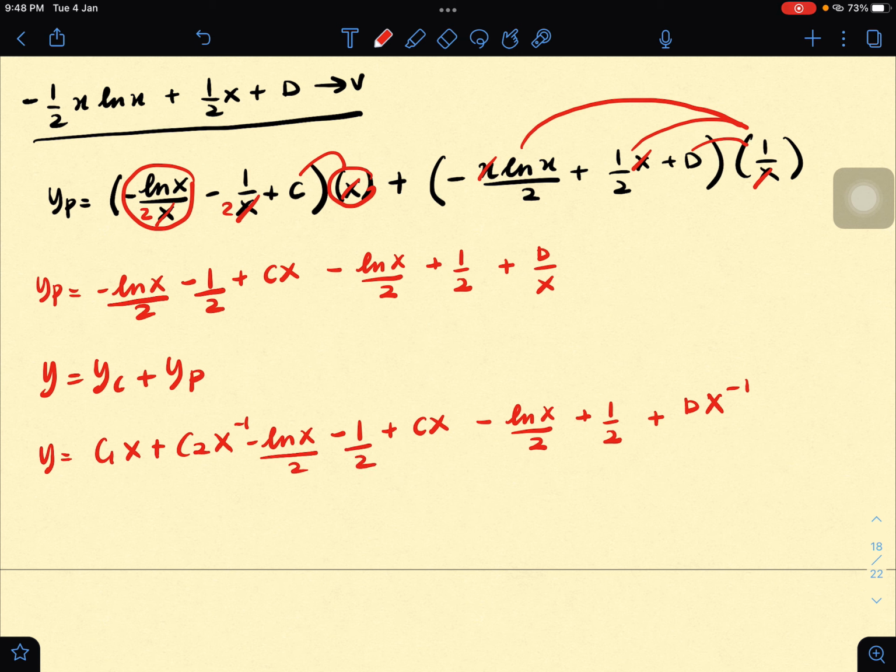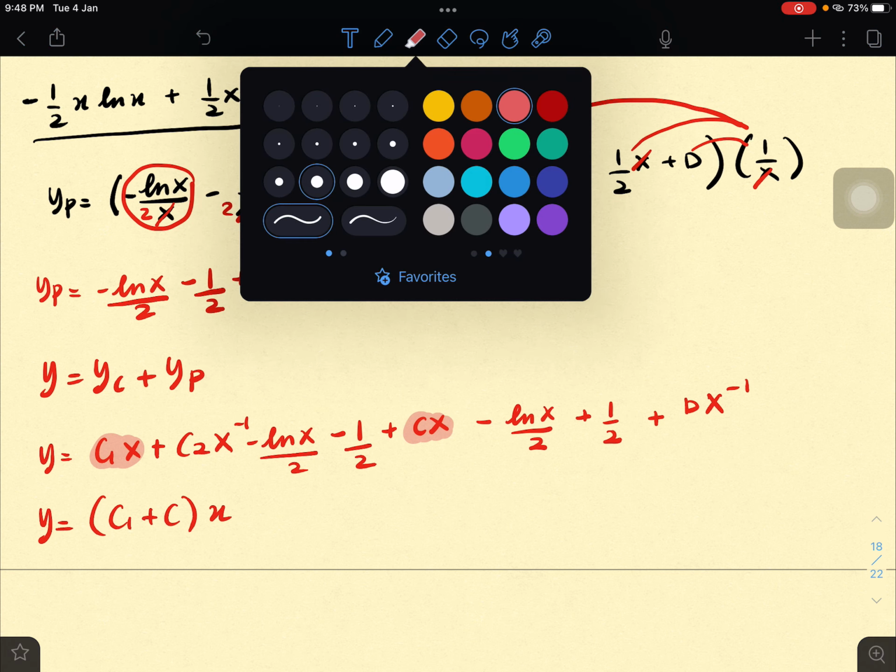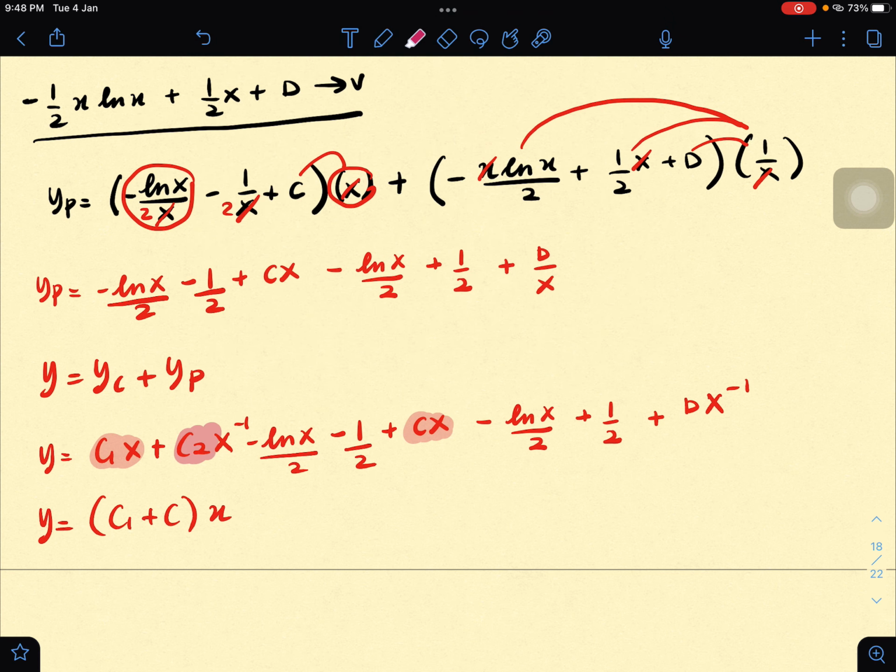Okay, so class, if you can see here, c1 x dengan cx, kita boleh combine, dia akan jadi y sama dengan c1 plus c x duduk dekat luar, yang pertama. And then we have c2 x kuasa negatif 1 dengan d x kuasa negatif 1 boleh combine, dia akan jadi tambah c2 tambah d x kuasa negatif 1 dekat luar.